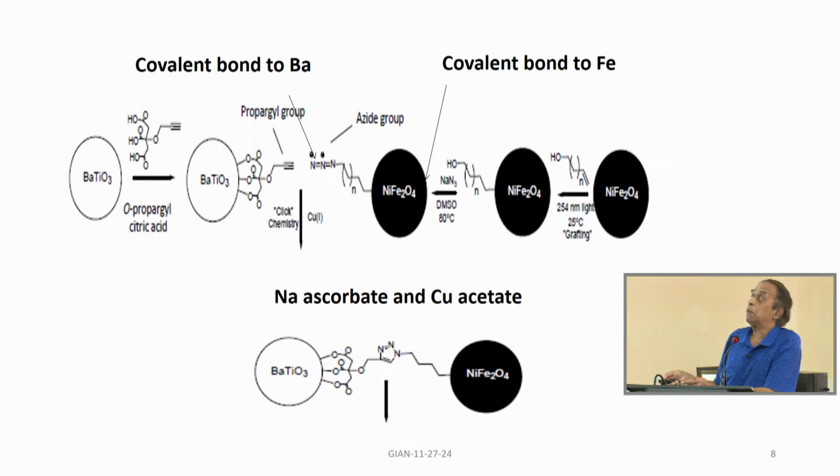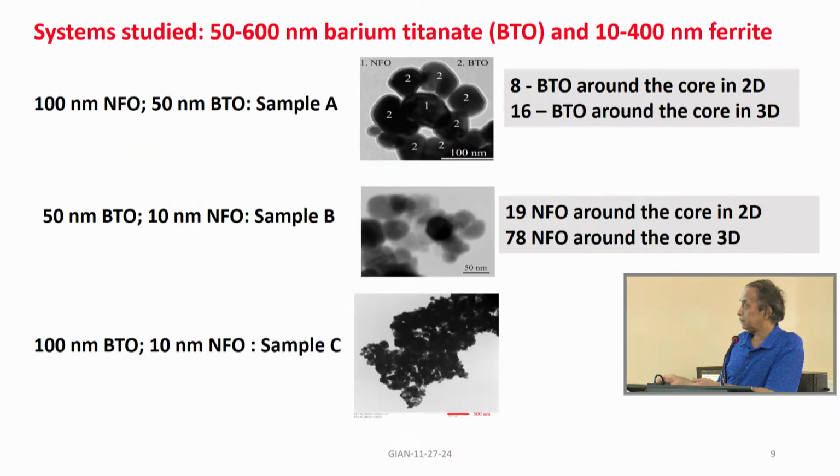It can overcome the thermal energy at room temperature, and then when you bring them together in the presence of the copper catalyst, the click reaction takes place, and the bond is very strong, and it can withstand any kind of thermal energy, at least up to room temperature and slightly above.